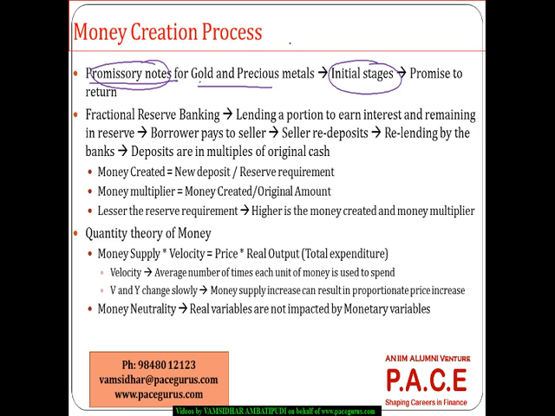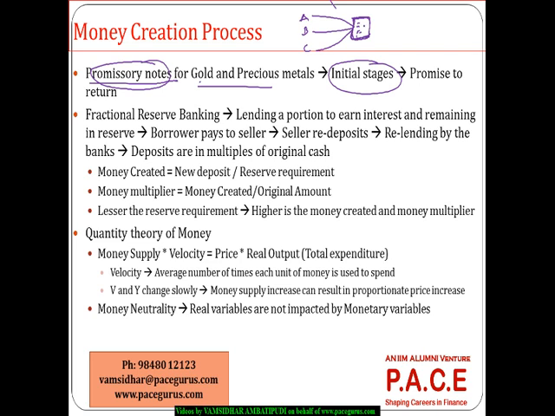But in this process, let's assume something like this. A, B, C, different people have stored gold with the bank. So the bank is acting as a store of gold and precious metals. Now, not all of them may withdraw it at the same time. They have stored it, they'll use it sometime later.